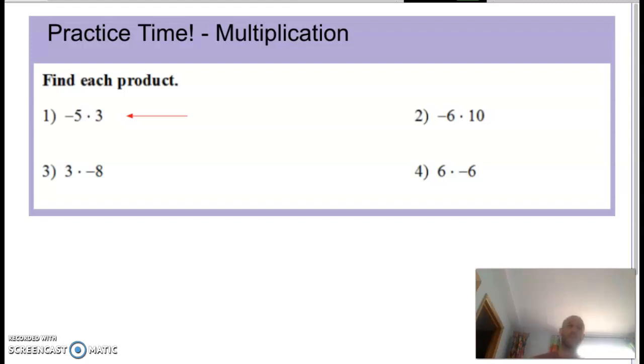All right, so I see a problem. It says find each product. That means we are finding the answer to a multiplication problem. So I see that I have a negative times, well, there's no sign here, so that's a positive. So we have a negative times a positive.